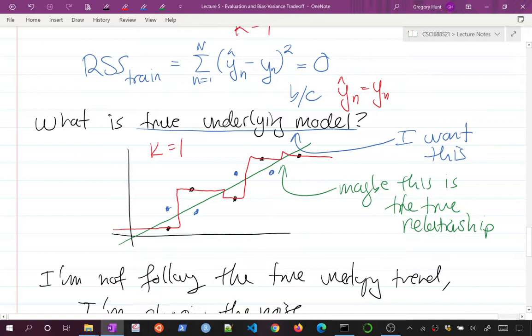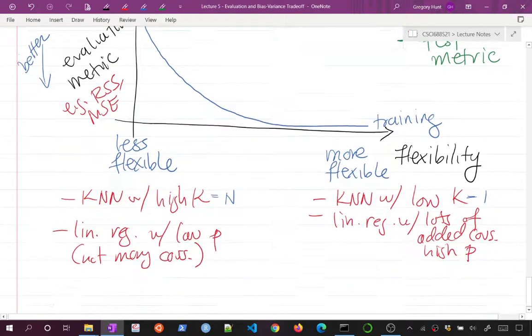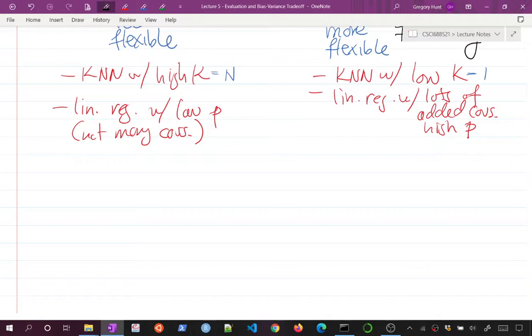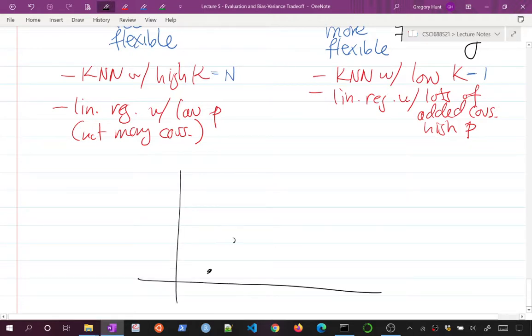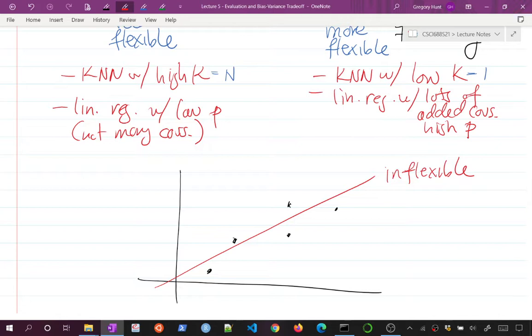So as I add more and more covariates, or I decrease the number of neighbors I'm looking at, I'm going to fit my data better and better. I have a more flexible method. Let me just draw a picture here. Here is maybe my training data, and here is a simple, inflexible method, which is just a line, and then I could have something more flexible, more wavy, something like that.